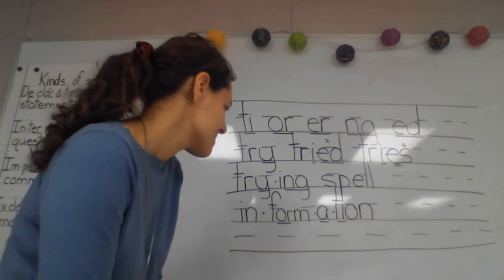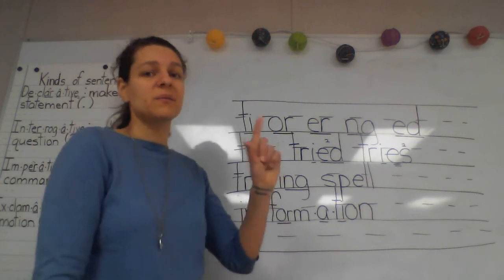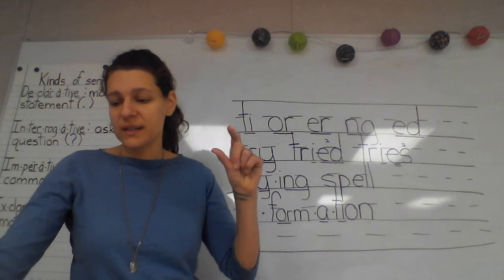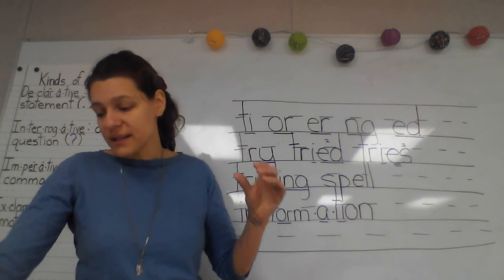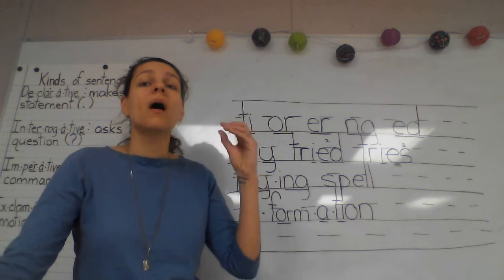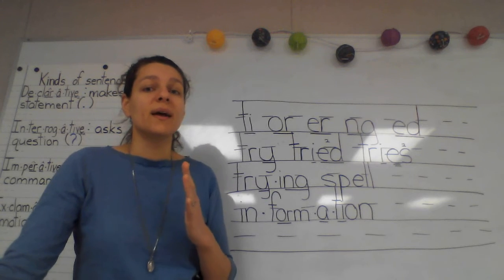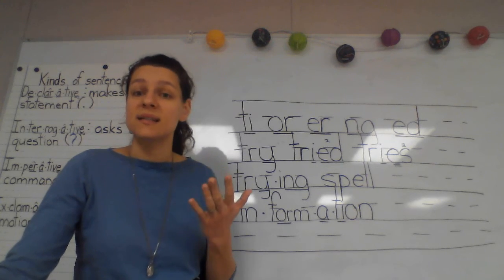All right, you're right. Really quickly, because I know this video is getting long. The reason for that is, remember our rule, we haven't done it for a while. R and or usually say in an unstressed syllable.